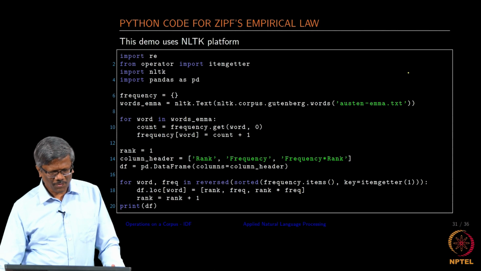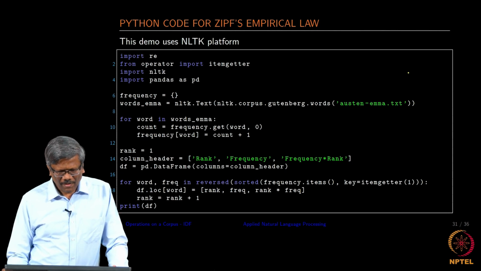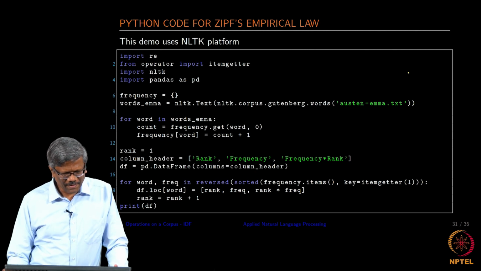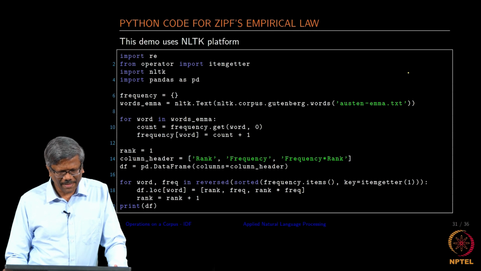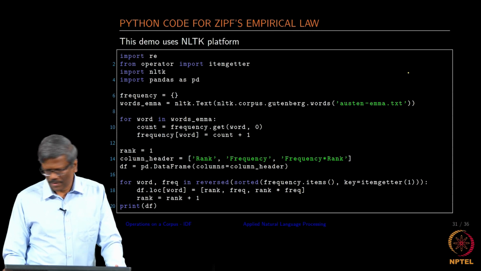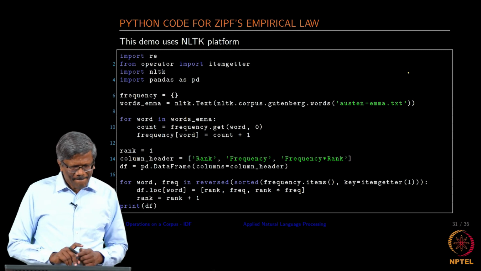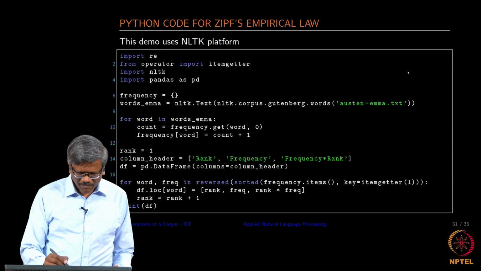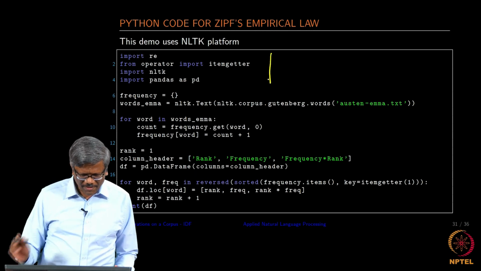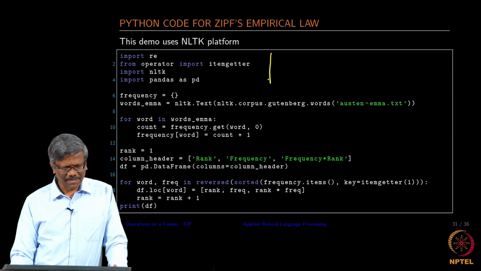Okay. Let us look at a small demo which computes the Zipf's value with respect to frequency and the rank, and then see how it shows the table. I am not going to talk about all of this. You should be able to find some details about that on the internet.